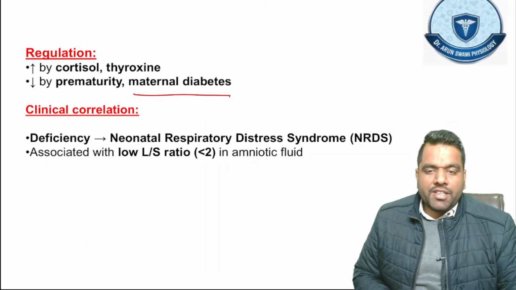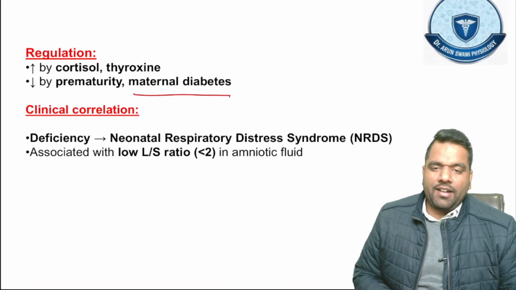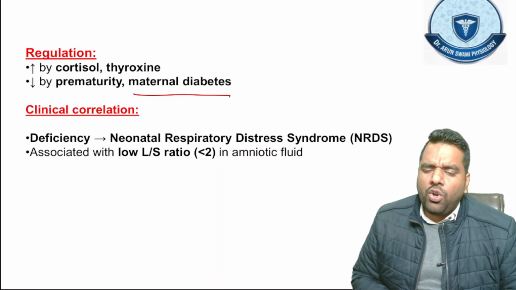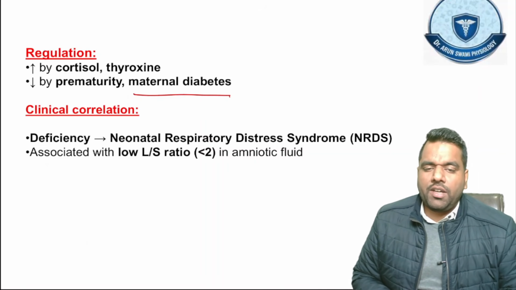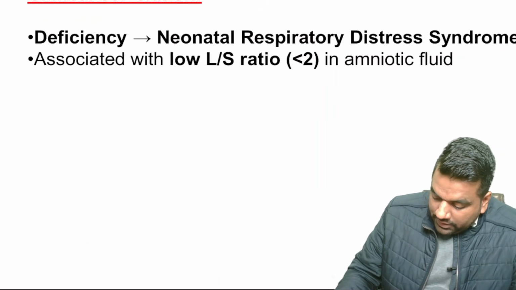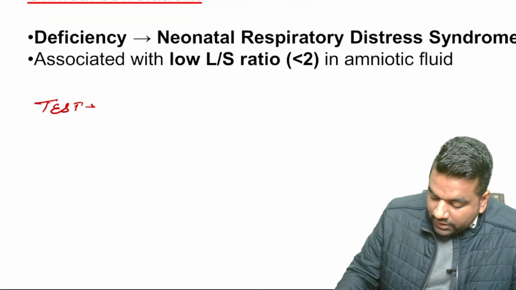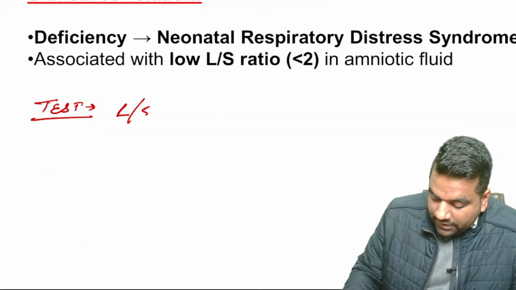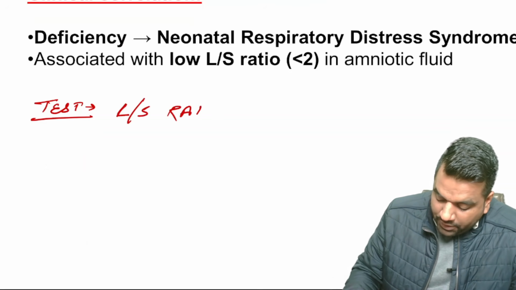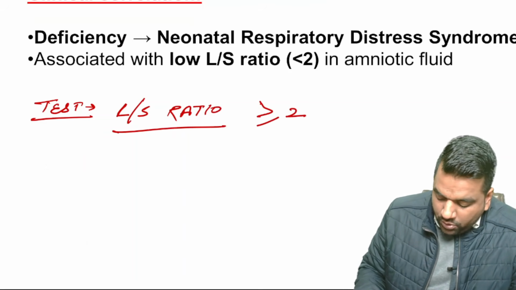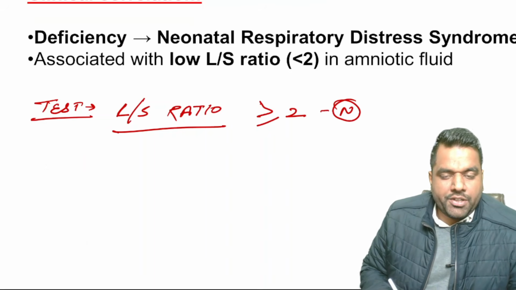The deficiency can lead to NRDS, neonatal respiratory distress syndrome, associated with a low LS ratio, less than 2 in amniotic fluid. The test we do for checking respiratory distress syndrome is called the LS ratio, lecithin sphingomyelin ratio. This ratio should be 2 or more than 2, then it is the normal condition.